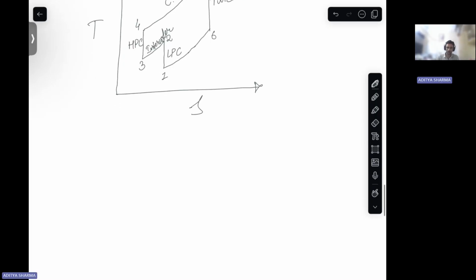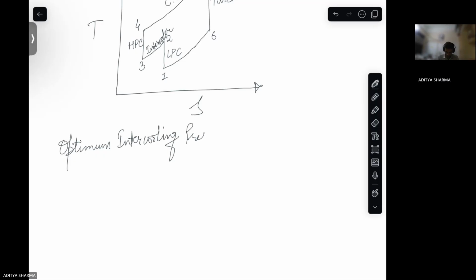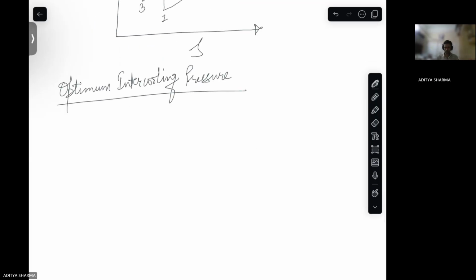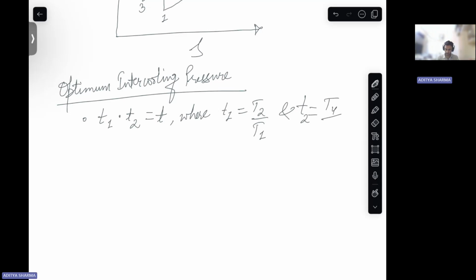Then if you see the optimum intercooling pressure, the condition for that is T1 into T2 is equal to T. So this is the condition where T1 is T2 by T1 and T2 is T4 by T3.